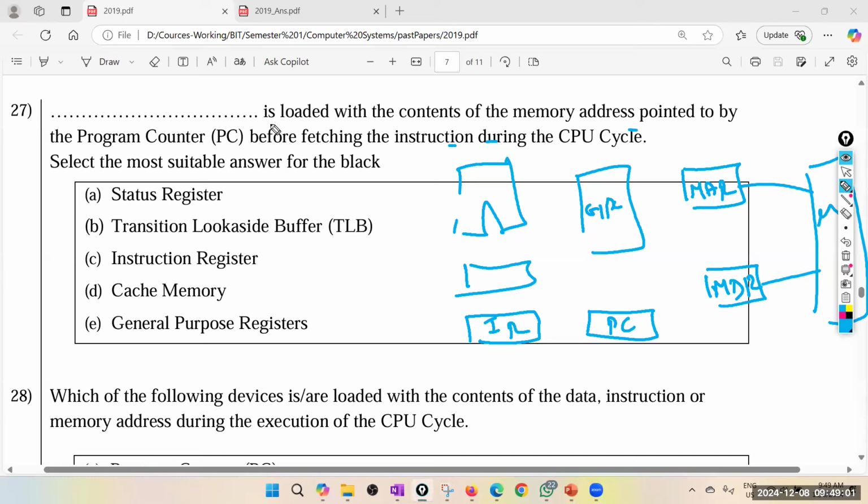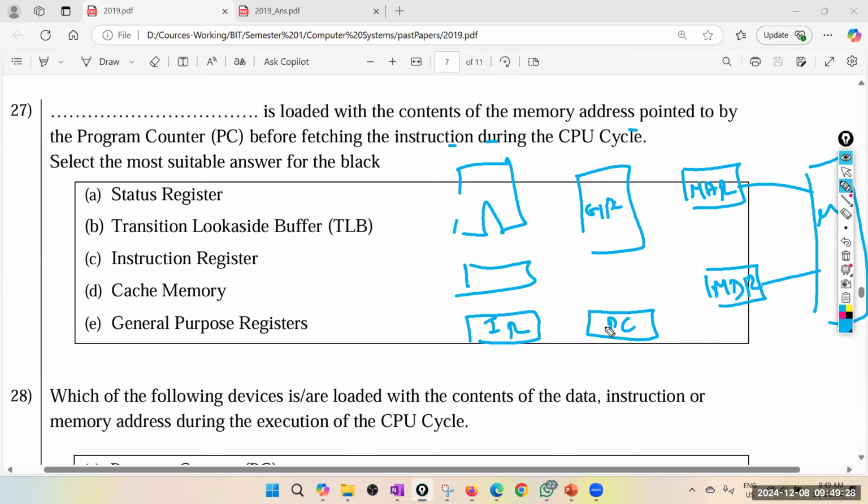Now read it again. "Is loaded with the contents of the memory address pointed by program counter." You remember the program counter holds the address of the current instruction during fetch, and after decode it holds the address of the next instruction. So before fetching, we are now at the end of the execute.